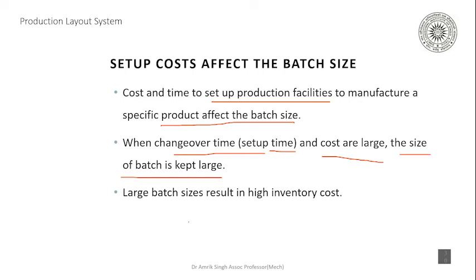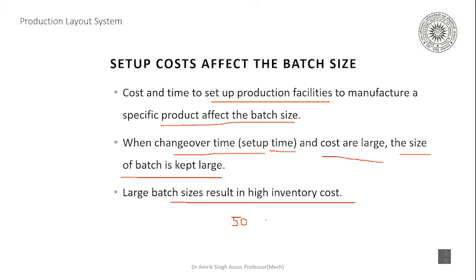So larger batch size results in higher inventory cost. Sometimes, because of intuition, we produce more. Suppose there is an order of, say, 50 with us. So in inventory management you understand how much to produce.